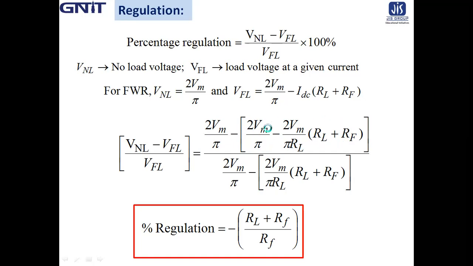So 2Vm by pi minus IDC, where IDC is 2Vm by pi RL into (RL plus RF), and similarly here also VFL is written. So after calculation, the percentage of regulation will be minus (RL plus RF) by RF, which is the same as the half wave rectifier.